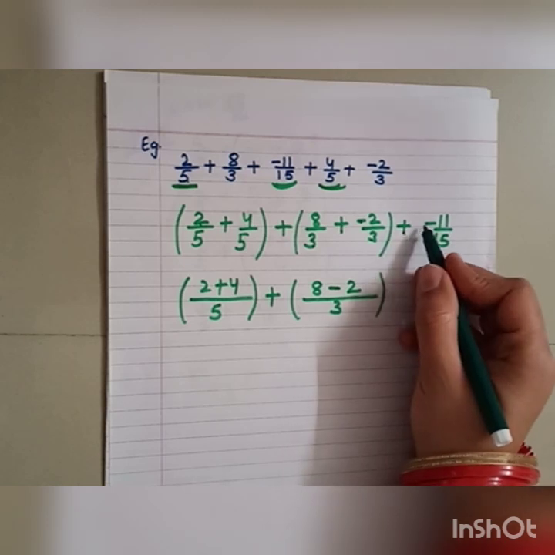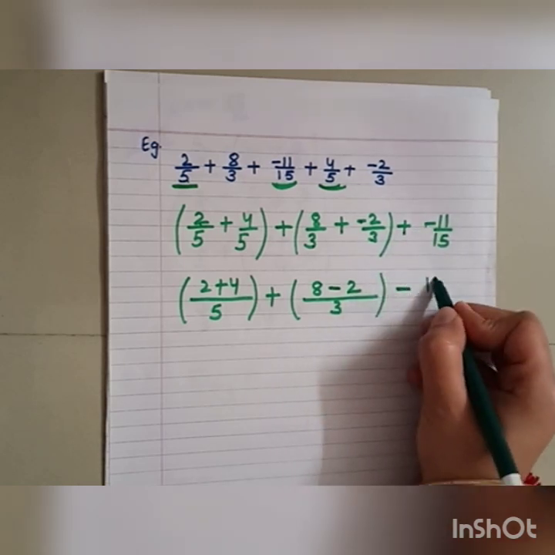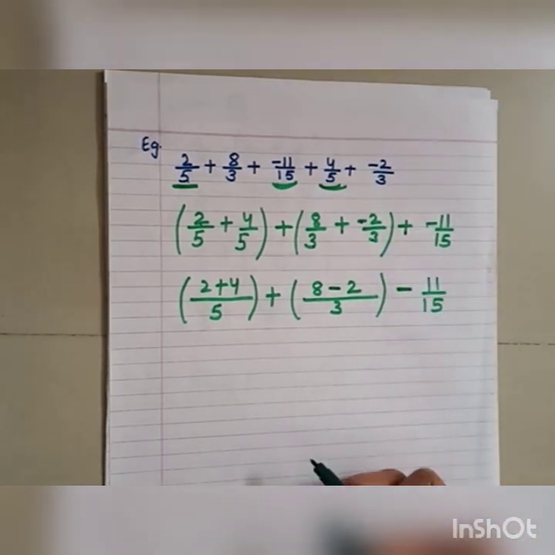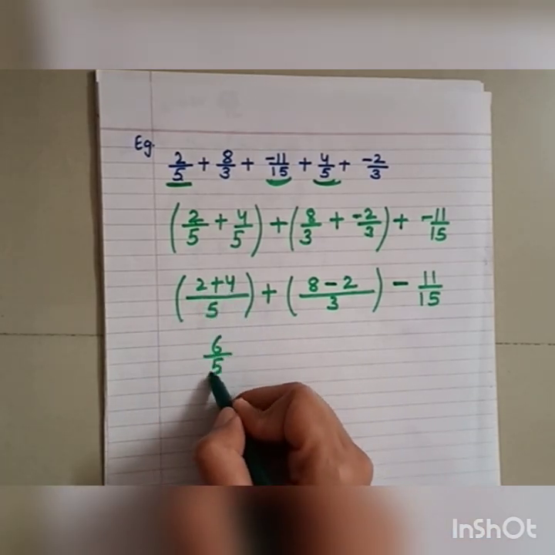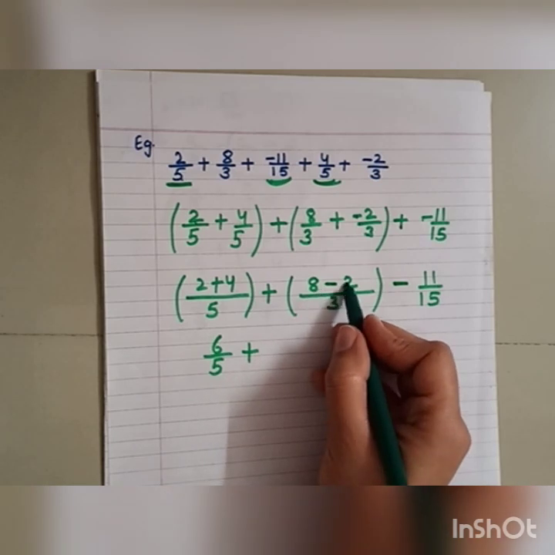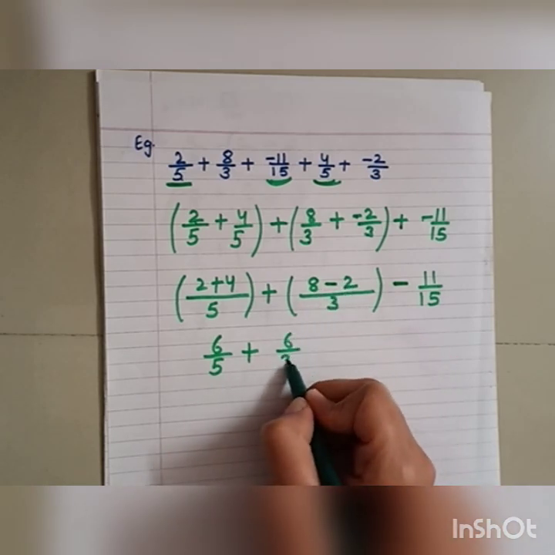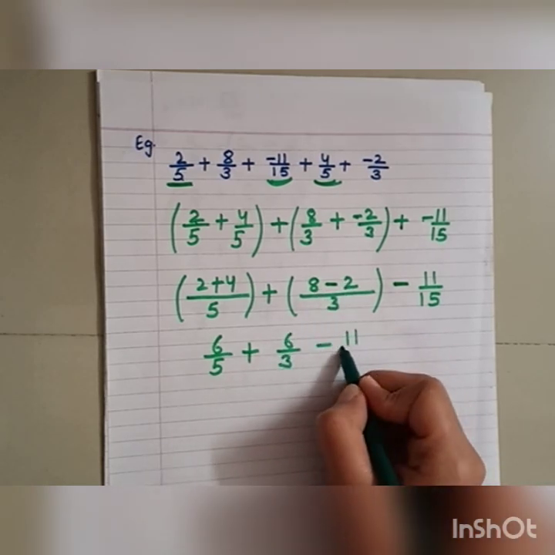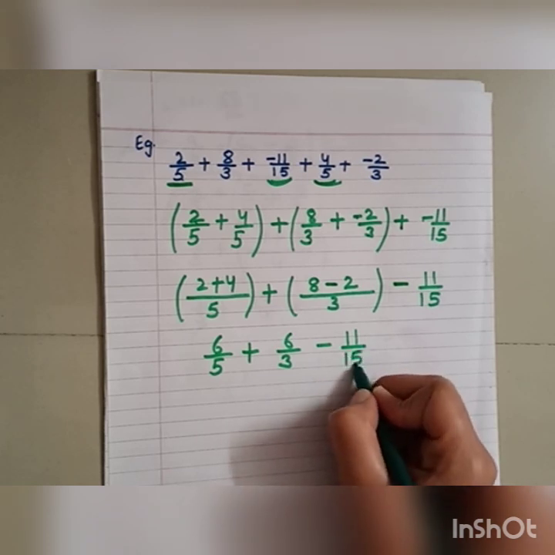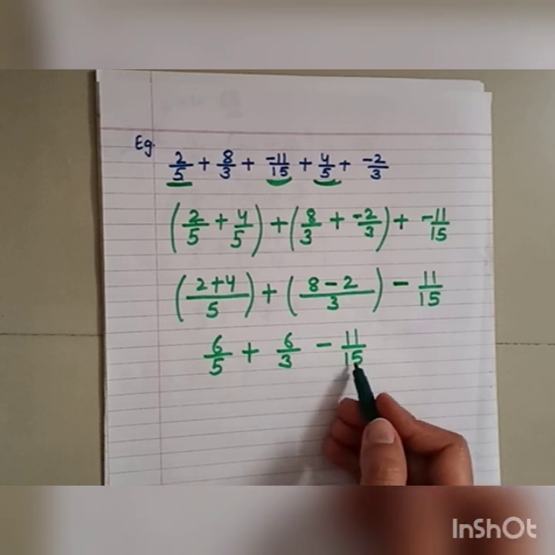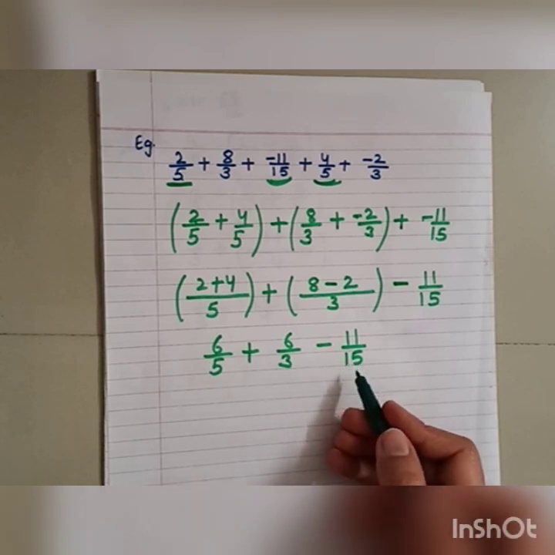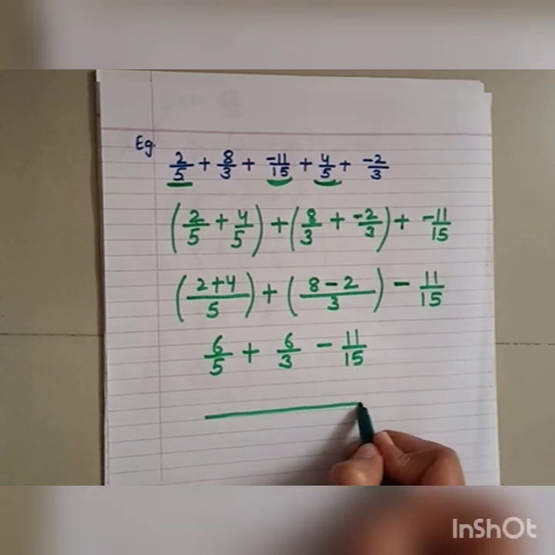Now this is also plus minus, minus 11 by 15. Now solve this. 4 plus 2, 6 upon 5, plus 8 minus 2, 6 upon 3, minus 11 upon 15. Now LCM of 5, 3, 15 is 15.